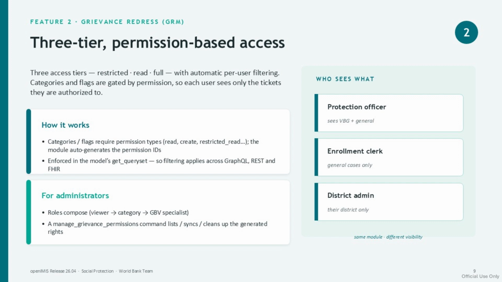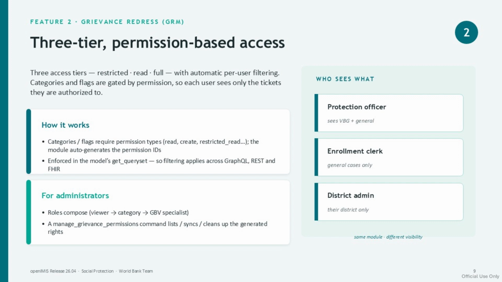Thank you, Wei. I will continue with the grievance module. In the grievance request module, we added three-tier permission-based access and hierarchical, cascading parameters for the categories.